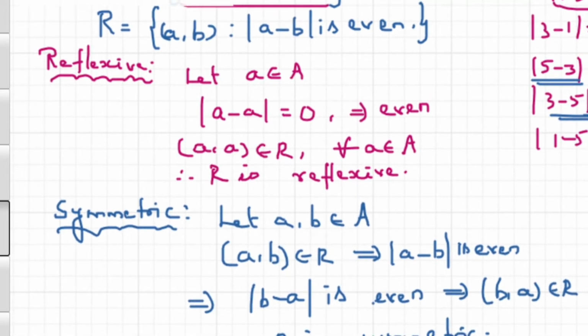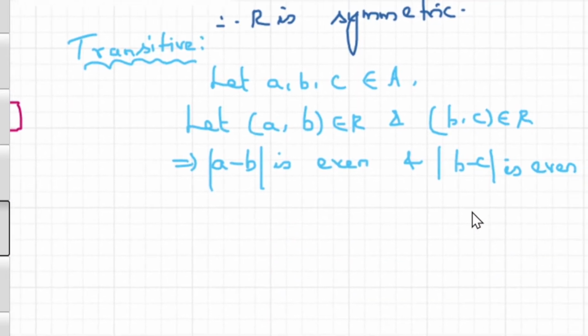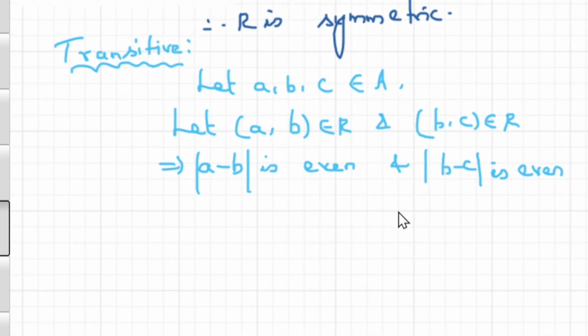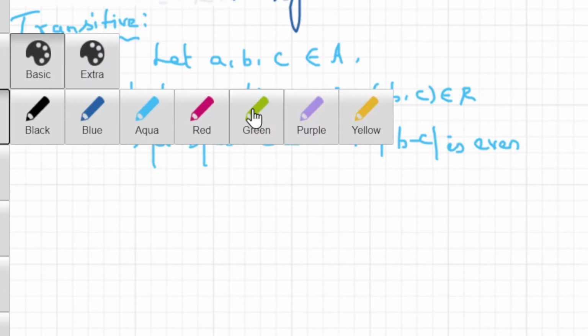Either a, b and b, c, these numbers must be all odd, or a, b, c must be all even.